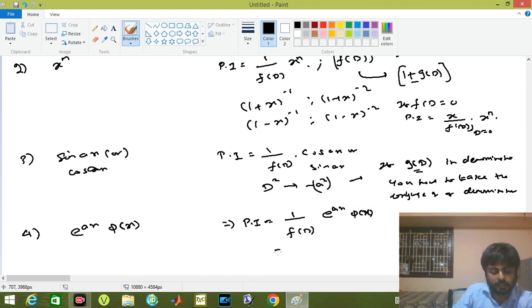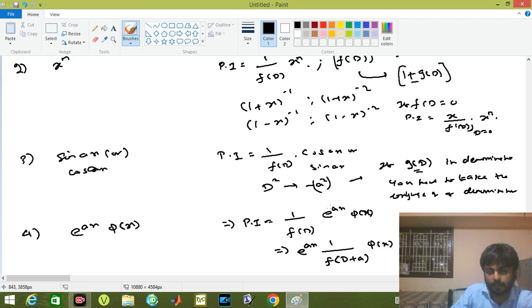Here you will have e power ax into 1 by f of D plus a, into phi of x.